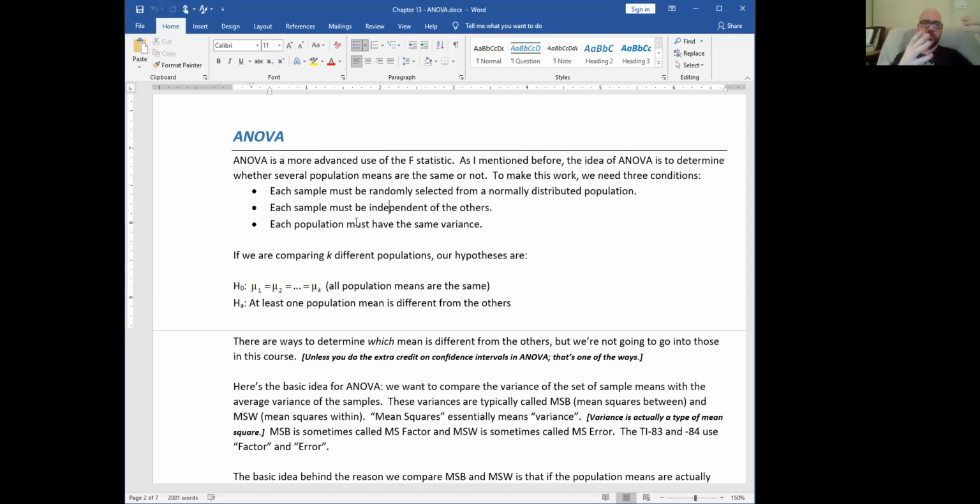Well, you would get a bunch of contractors and a bunch of plumbers, a bunch of mechanics, and you would find all their salaries, and you would do ANOVA, which we'll learn how to do in just a second, on them to see if their means were all the same.